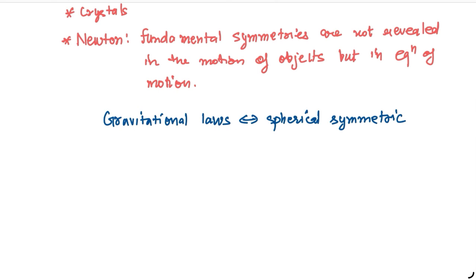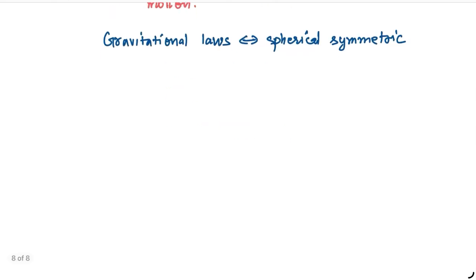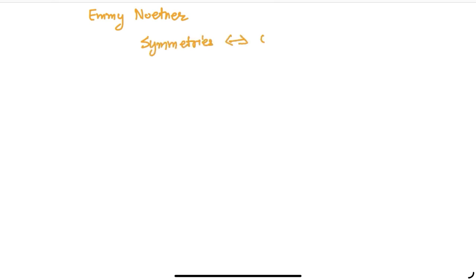So how does one figure it out? This is where Emmy Noether comes in, and this is one of the really important things in particle physics. You have Noether's theorem, which says that where there is a symmetry, there is some conservation law in your system.